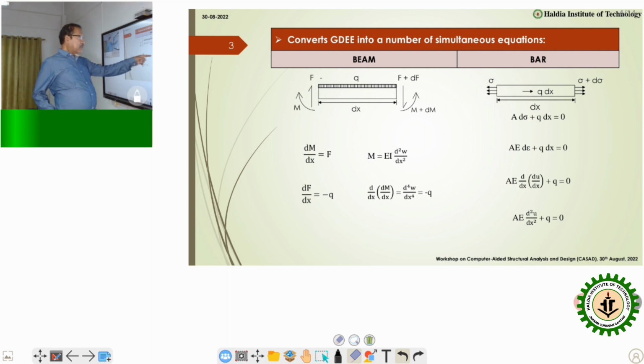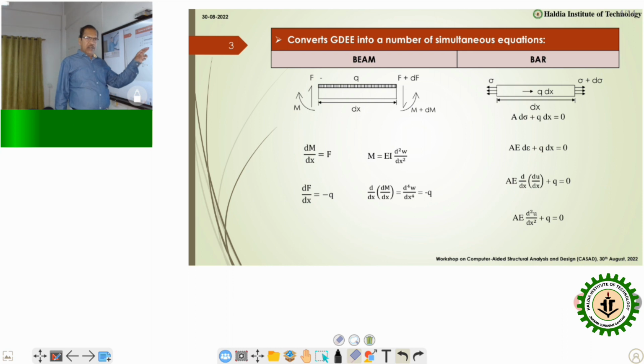Then the equation for bending moment is M equals EI d squared w by dx squared. This is an ordinary differential equation, and for that reason we are using the symbol d here. E stands for Young's modulus, I stands for the moment of inertia, or rather the second moment of area.